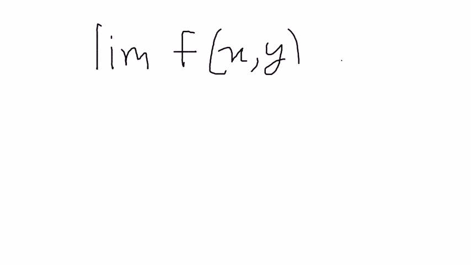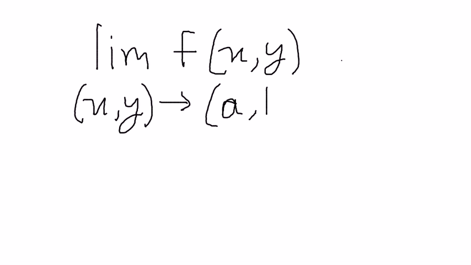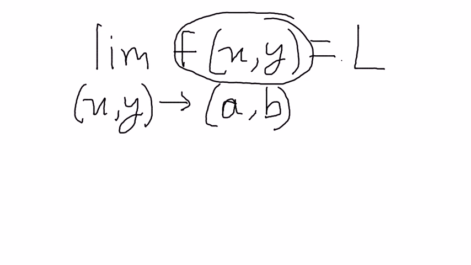So if you have limit of f of xy as xy tends to ab equals L, that means that as x gets very close to a, and as y gets very close to b, you're going to have this whole function f of xy getting very close to L, right?